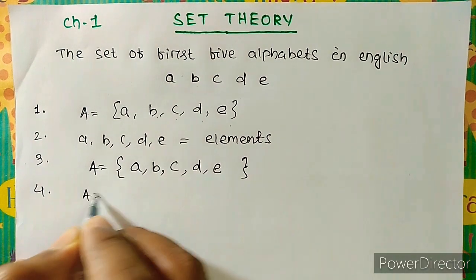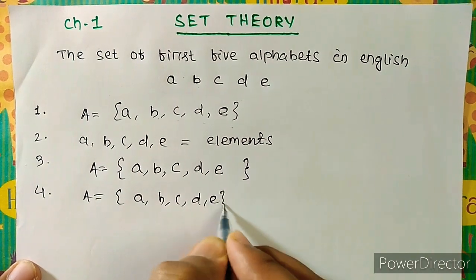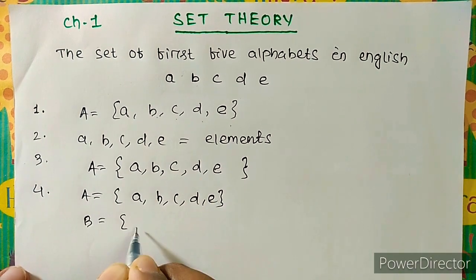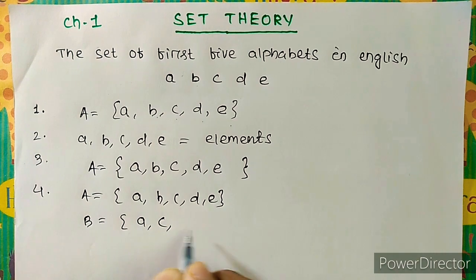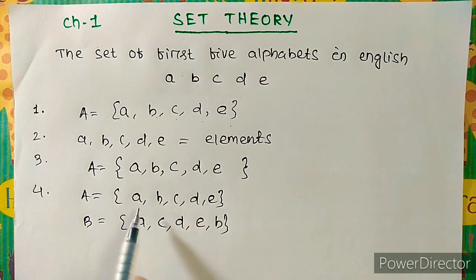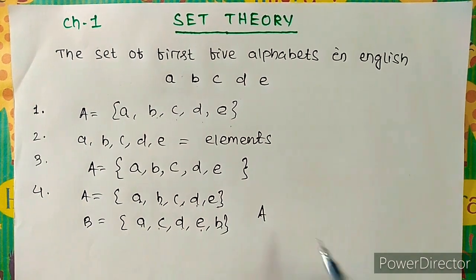If one set is A, B, C, D, E and another set is A, C, D, E, B, they have the same elements, we only interchanged the positions. So there is no different set; they are equal. That means set A equals set B.